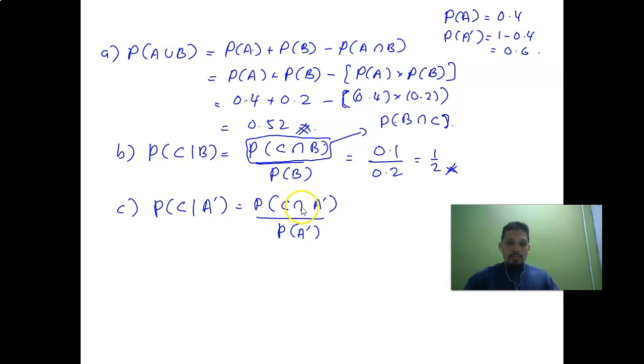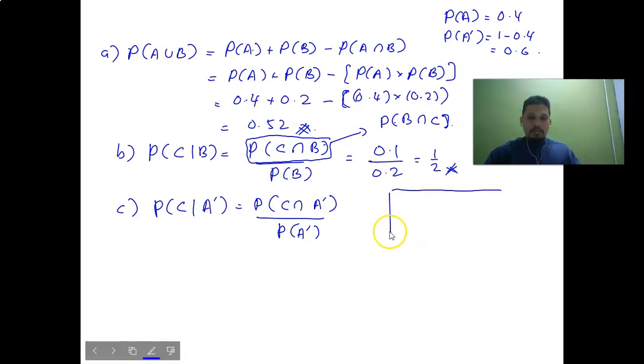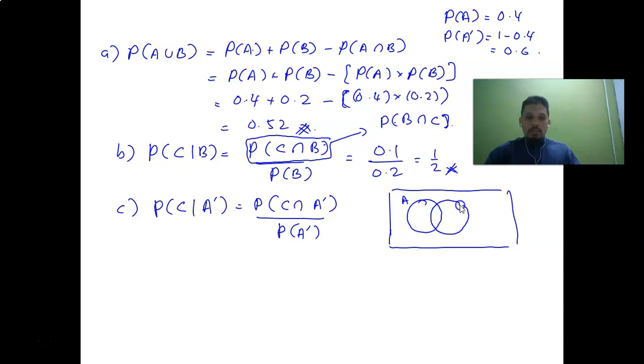So probability of C intersect with the A complement. Okay, so from the tree diagram, not from the Venn diagram here, let's say this is an event of A, event of B, and event of C. Okay, so this is the area of the probability of C intersect with A complement.